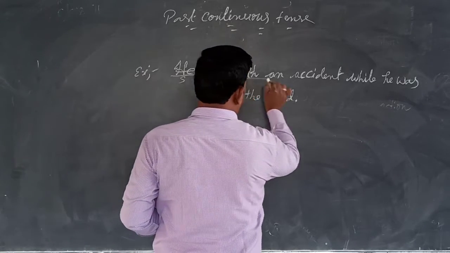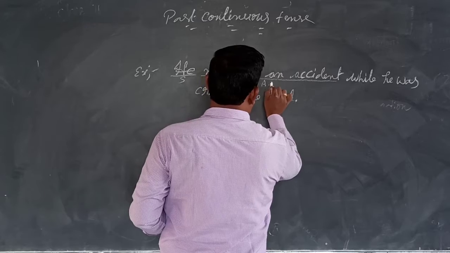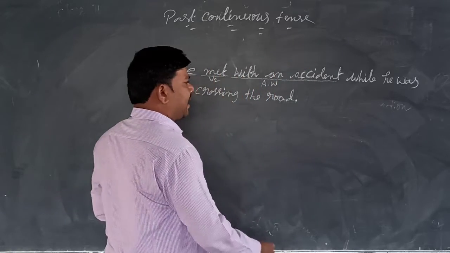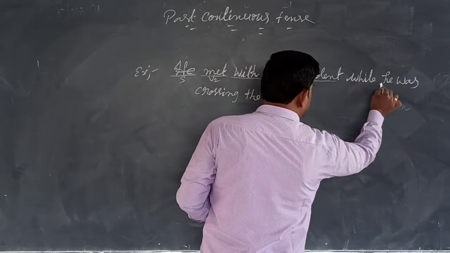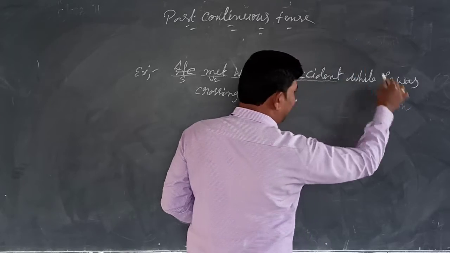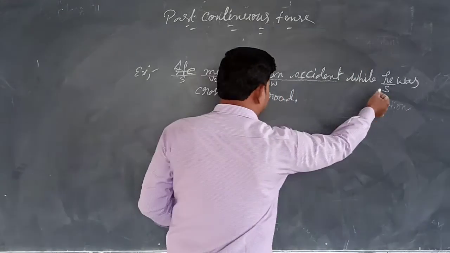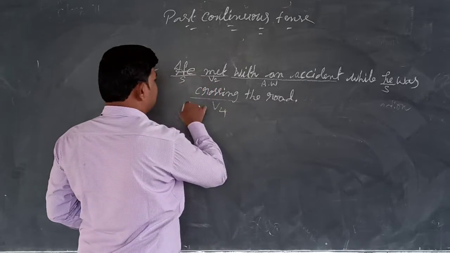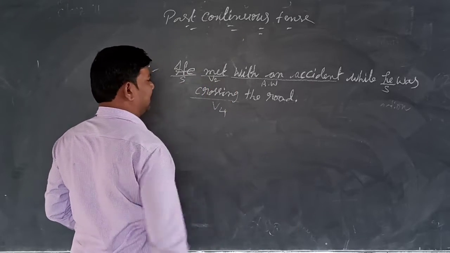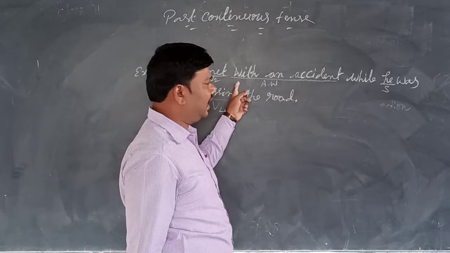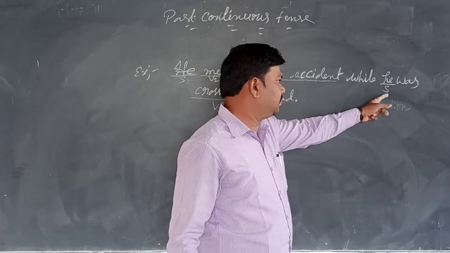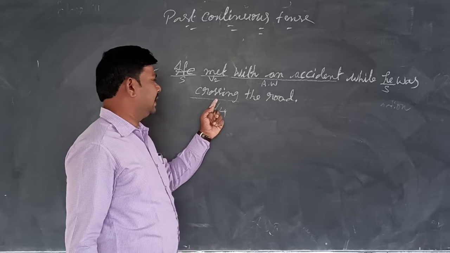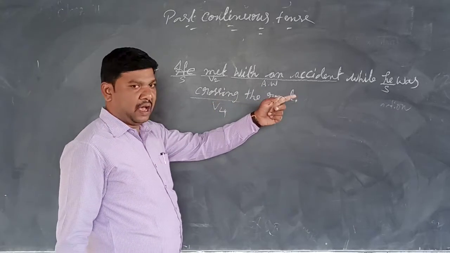With an accident, it is an additional part, additional word. And while is a conjunction. And again here, he is the subject, was is the helping verb, crossing is V4. So subject plus V2 plus additional word, simple past tense is there. And in another tense, subject was or were, here crossing means I wrote was.